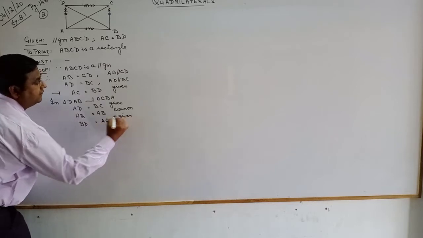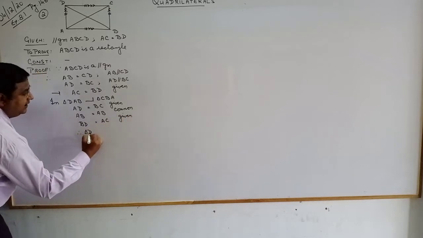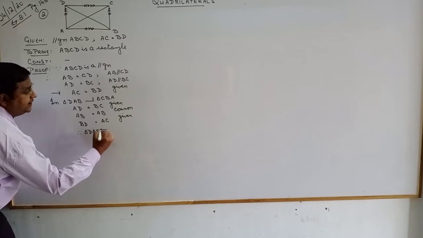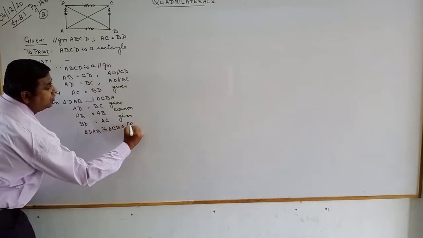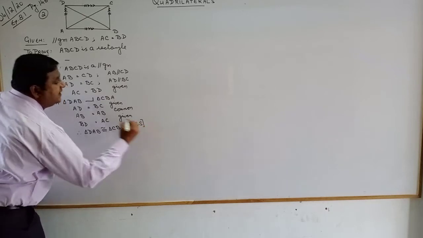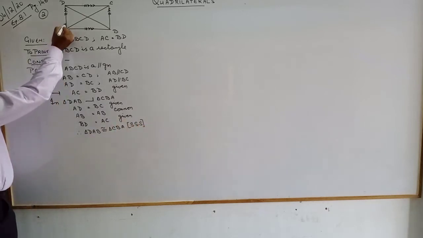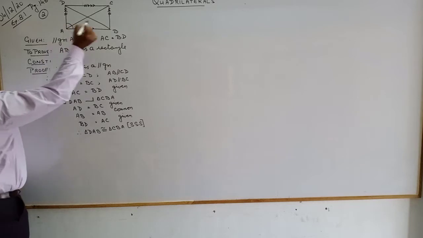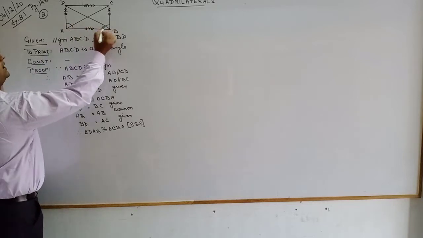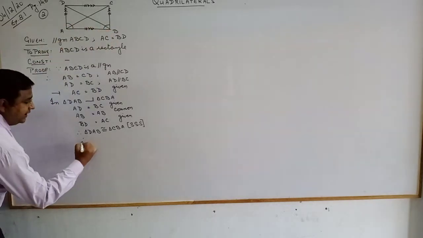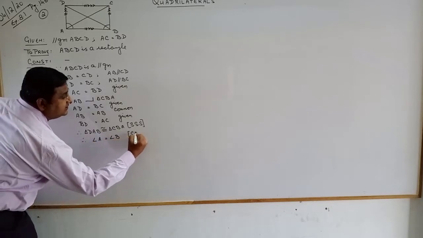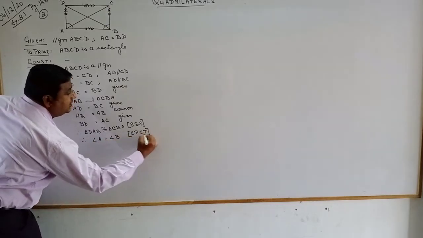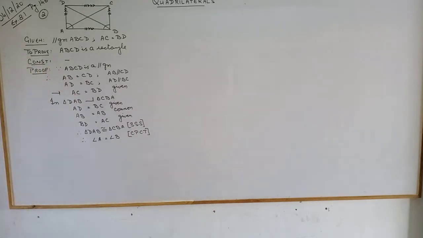So therefore, triangle DAB is congruent to triangle CBA by what congruency? SSS. And if these two triangles are congruent, is angle A equal to angle B? So therefore, angle A is equal to angle B. Reason: CPCT.